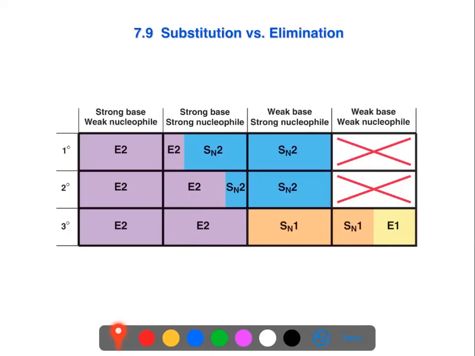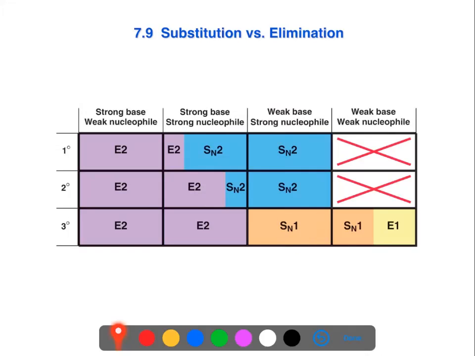Now, in the category where we only had a reagent acting as a nucleophile because it was too weak as a base, we saw primarily SN2 reactivity for the primary and secondary alkyl halides and SN1 reactivity for the tertiary.